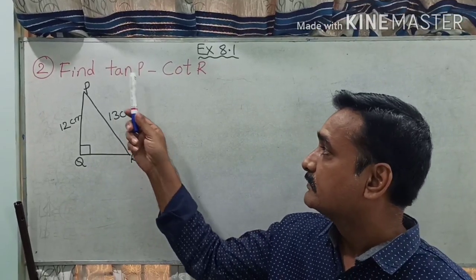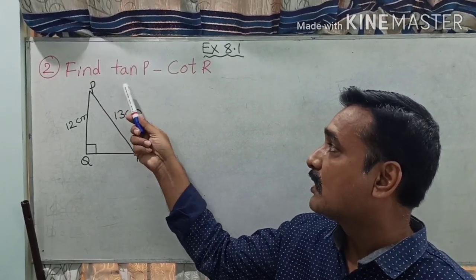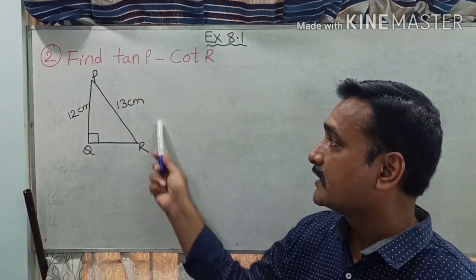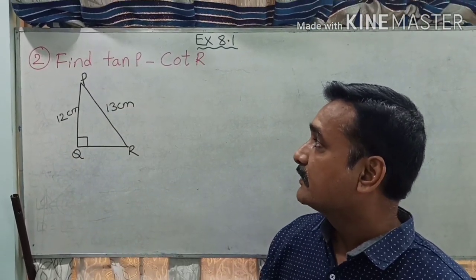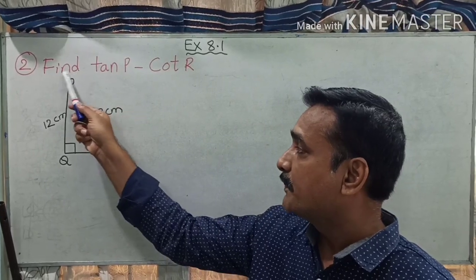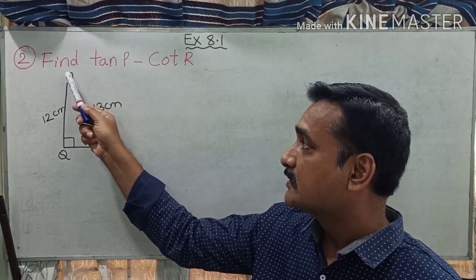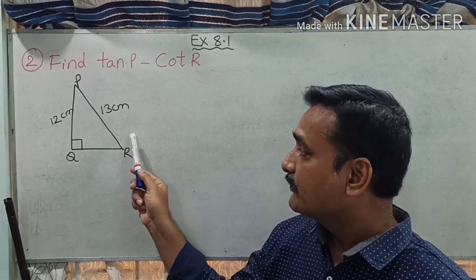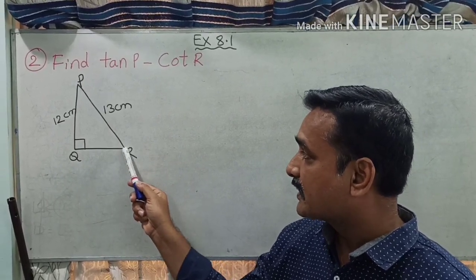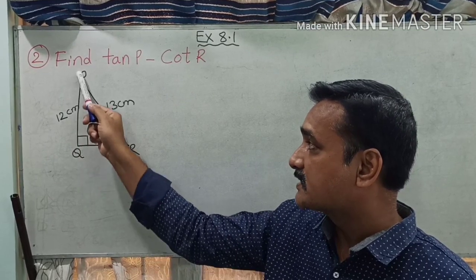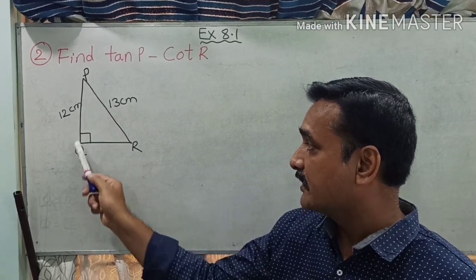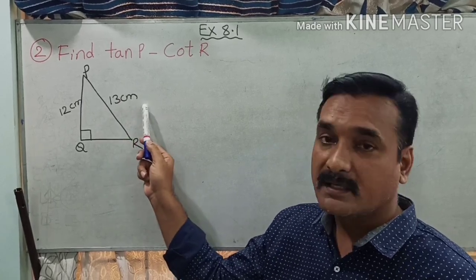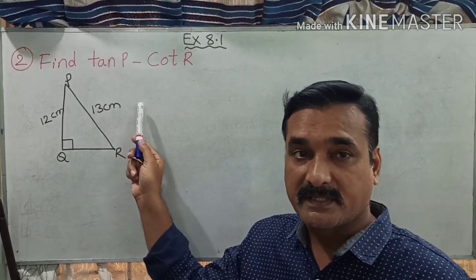In the second question, they ask to find the value of tan P minus cot R, and they have given one right angle triangle. P is located in this place, so for this the opposite side is QR. In every right angle triangle, the hypotenuse is fixed.